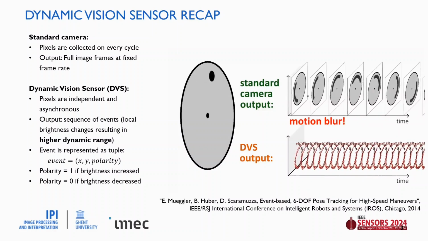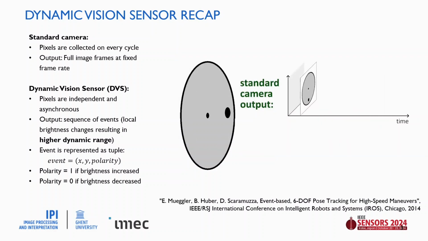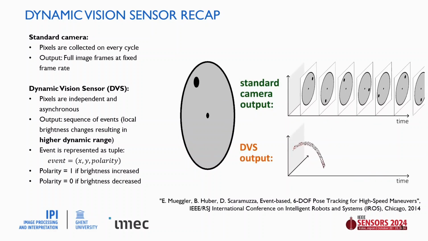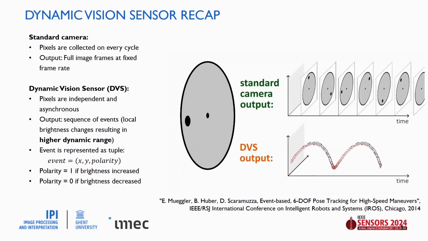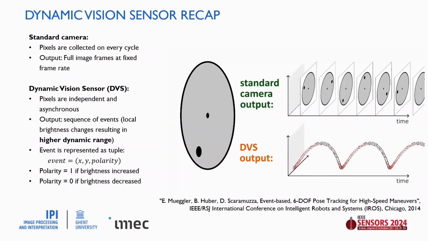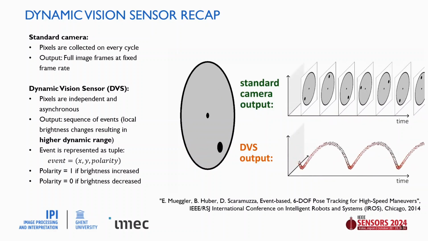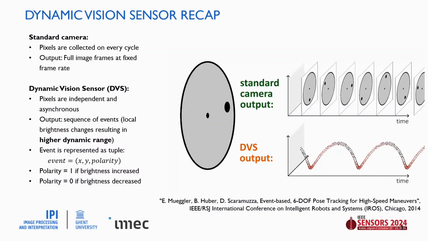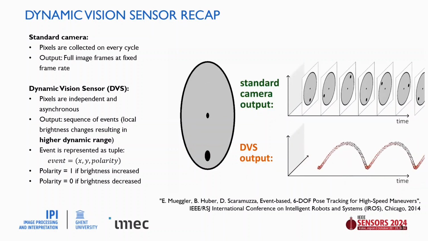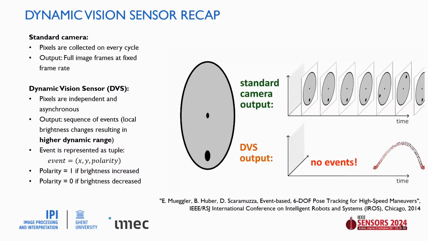So the output is just a sequence of events, an almost continuous stream of events, where each event that is triggered indicates that at a certain pixel location in the image frame, a brightness change has occurred. This is actually the property which results in the high dynamic range for the event camera.